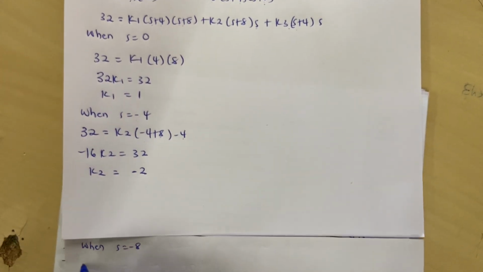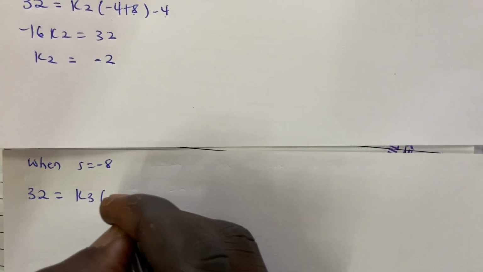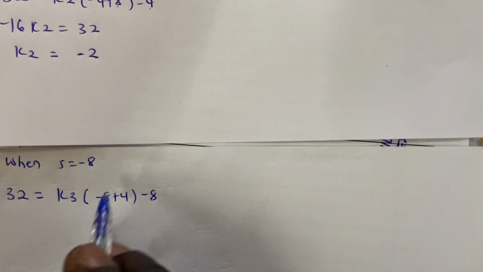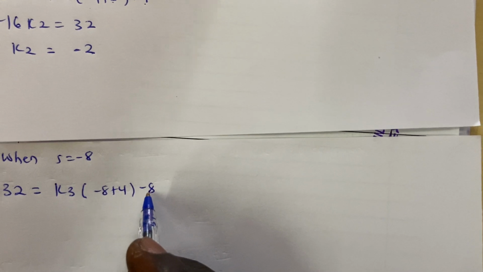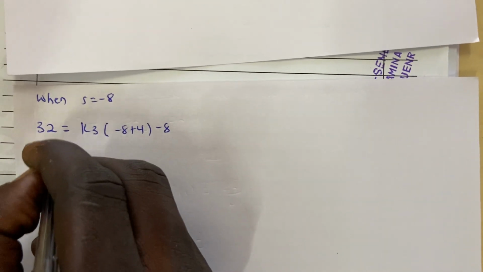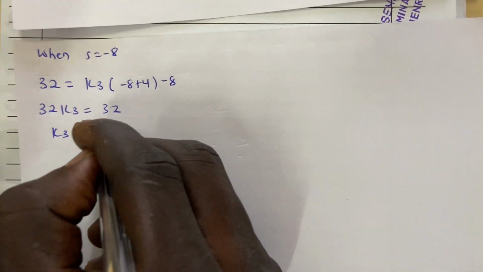So we get 32 is equal to k3 into brackets -8 plus 4, times -8. This plus this gives us -4. -4 times -8 gives us +32. So we are also left with 32. k3 is equal to 32 over 32, so k3 is going to give us 1.